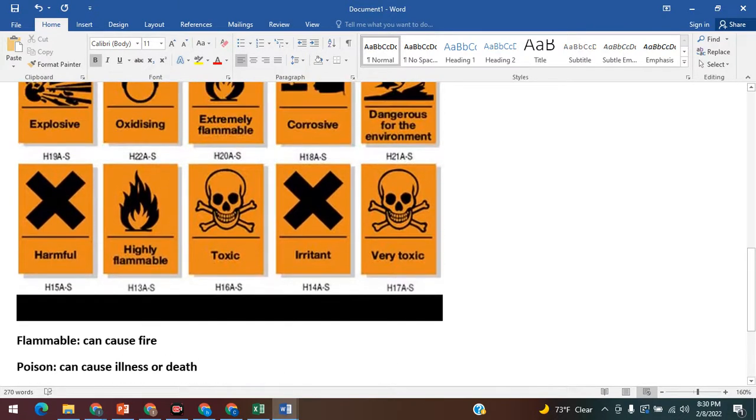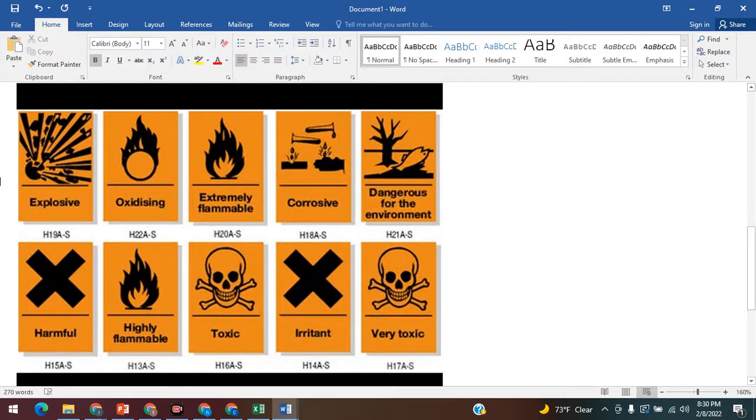All right, this one means it can be dangerous for the environment. This one means that it's harmful, highly flammable, toxic, an irritant, and very, very toxic.